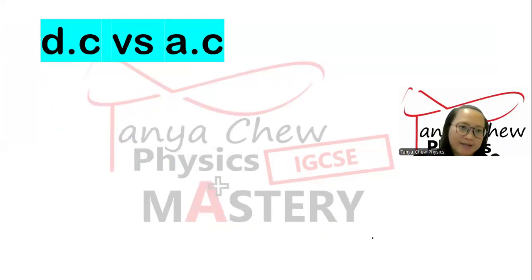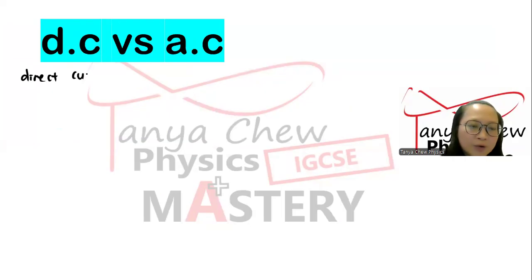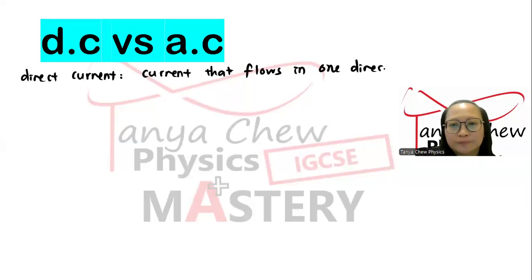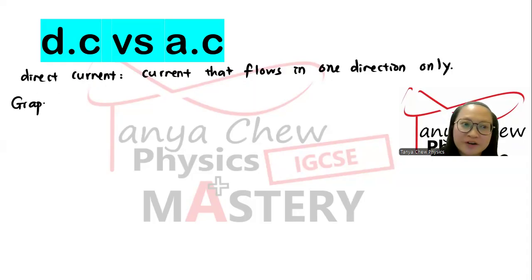DC vs AC. DC is called direct current. The definition of direct current is the current that flows in one direction only. Graph, I have 2 graphs here.